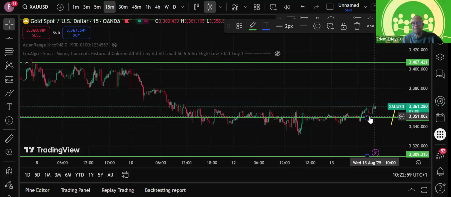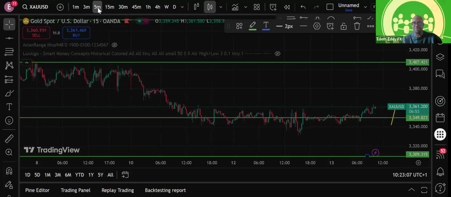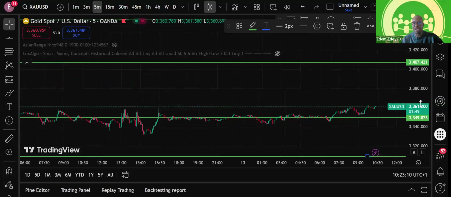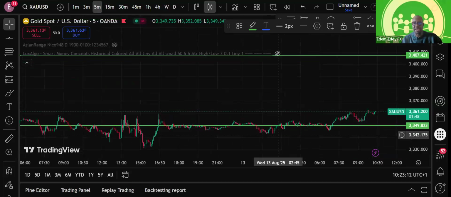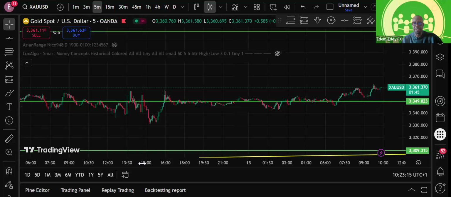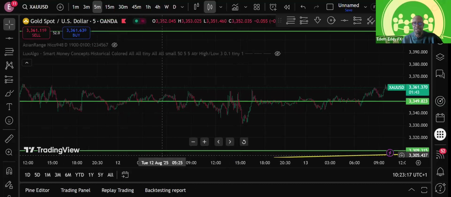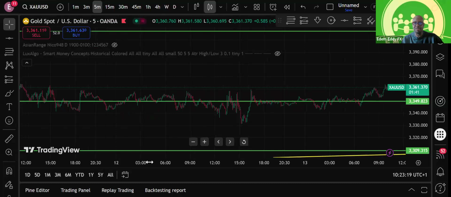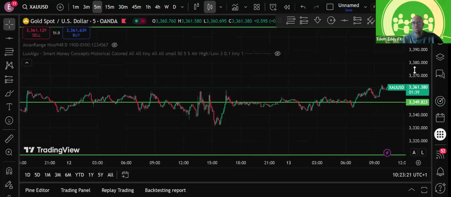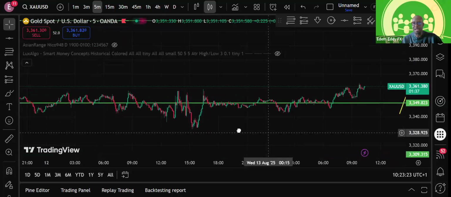But within this range, you can as well cash some pips. And how do you do that? You reduce your time frame to a 5 minutes time frame. On the 5 minutes time frame, you can see what to do and how to go about it.